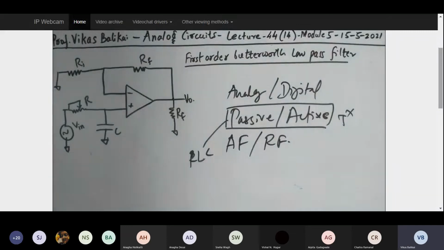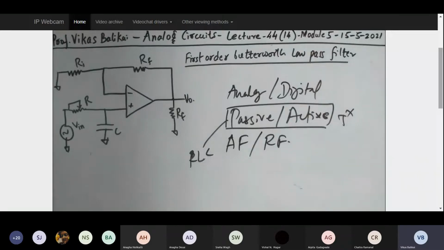For example, RC filters are commonly used for audio frequency or low frequency operations, whereas LC or crystal filters are employed at high frequencies or radio frequencies. So this is how we can categorize filters even from the operating frequency point of view.